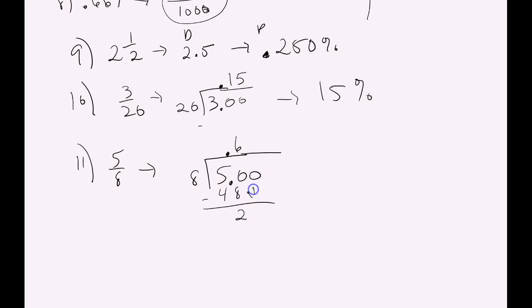Subtract and get 2. Bring down the 0. How many times does 8 go into 20? Twice. 16, 4. Okay, so we could keep going and going and going if we want. I'm going to actually stop there. And because I've got at least 2 decimal places, which is how many I need to move this over, this is about 62%. Okay? All right, that was number 11.